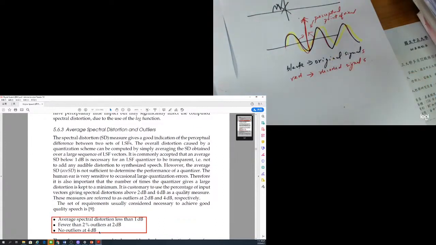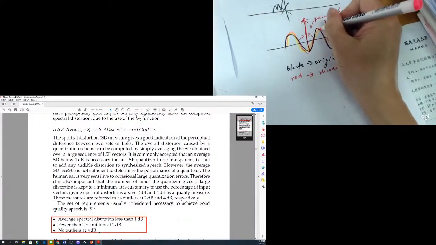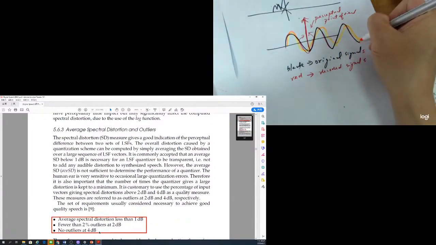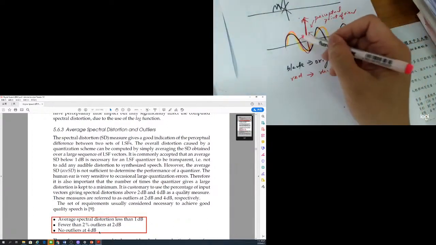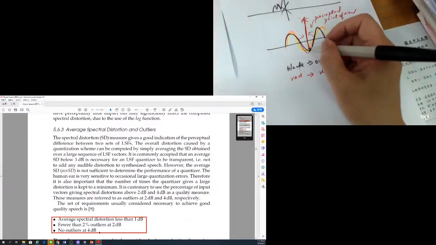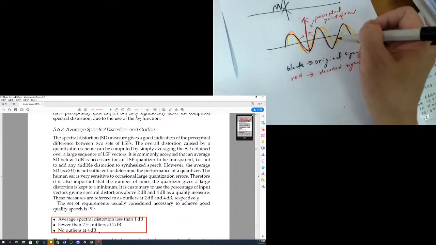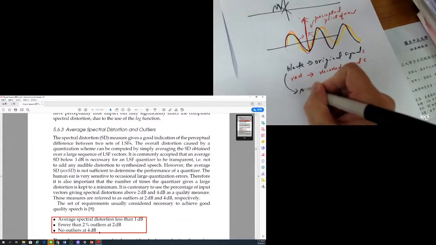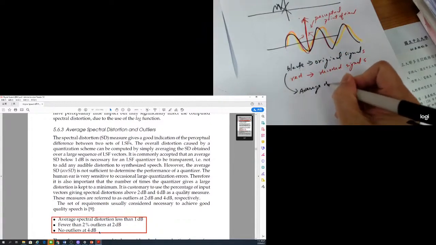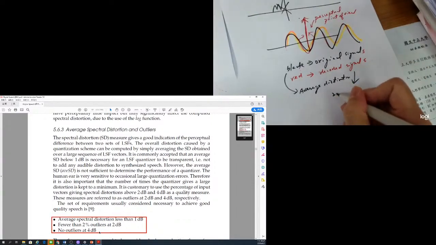Like this one, maybe the yellow one, I'm not sure you can see it or not. It's not a perfect match, however the shape is almost close. The distortion is higher because just one impulse is different, and the other points are a perfect match. So the average distortion is lower, and 2 dB is okay.